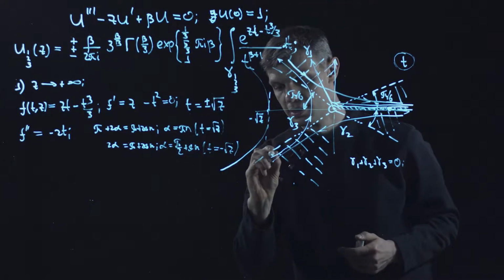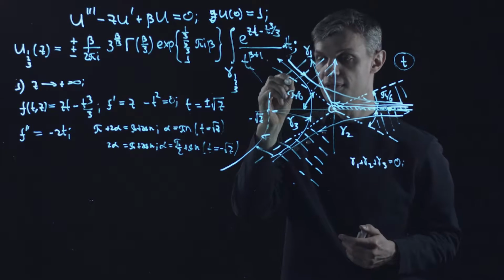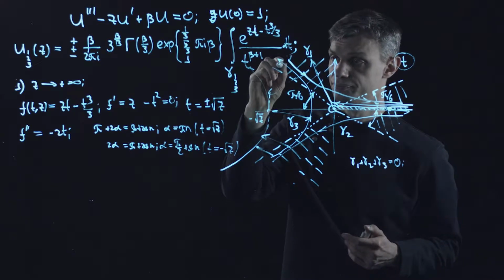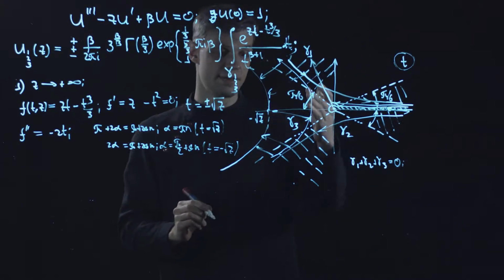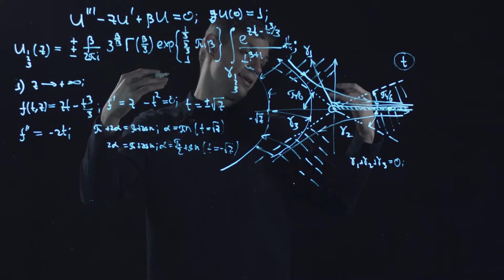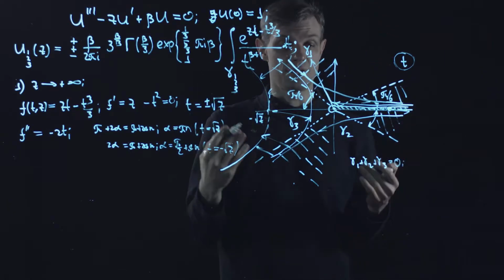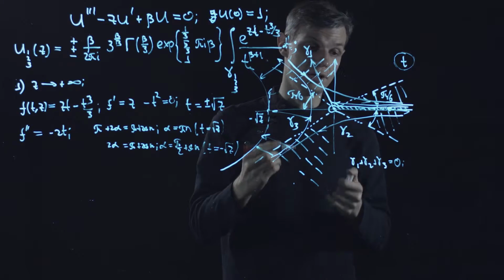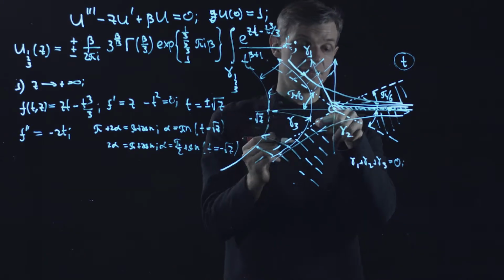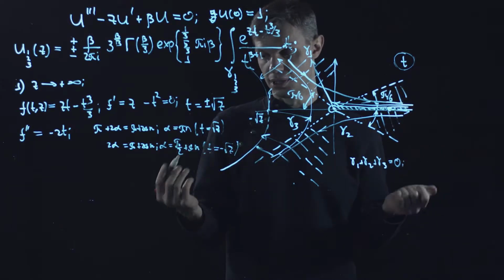So that's the correct deformation of the third contour. And the first and second contours can be simply deformed into a combination of two straight segments, like we did for the computation of the normalization constant, because here the straight line from 0 to plus infinity passes through the saddle in the steepest descent direction.